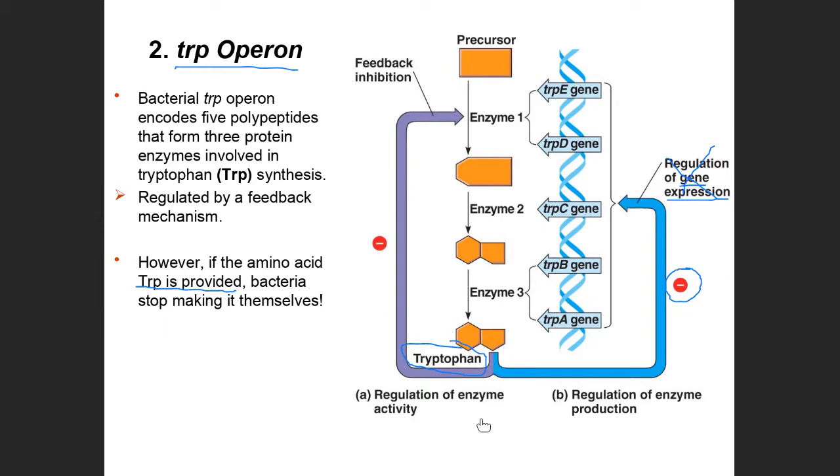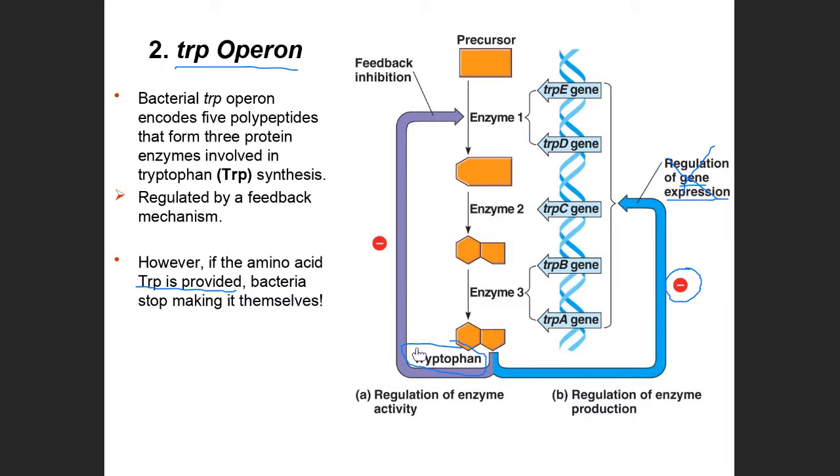This ensures that prokaryotes, such as the bacterium E. coli, don't have too much tryptophan or too little. To prevent too little tryptophan from being present, operon gene expression is on, so there's always just enough tryptophan. But should excess tryptophan suddenly become available in the diet of the bacterium, not a problem.